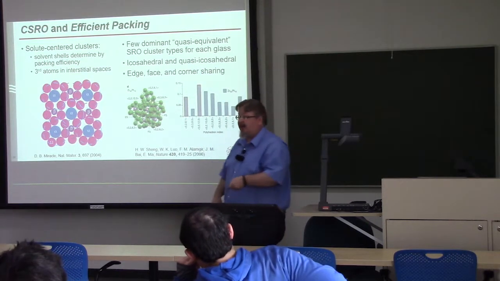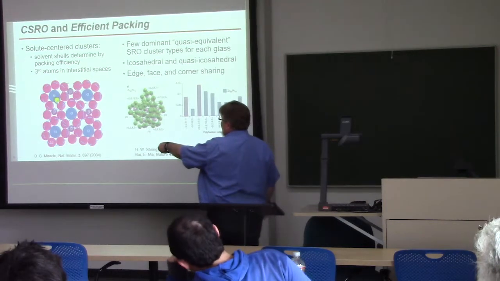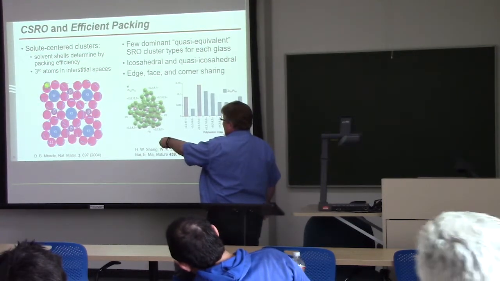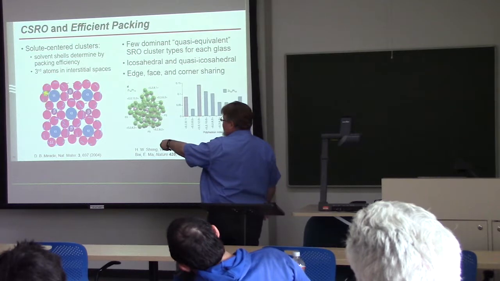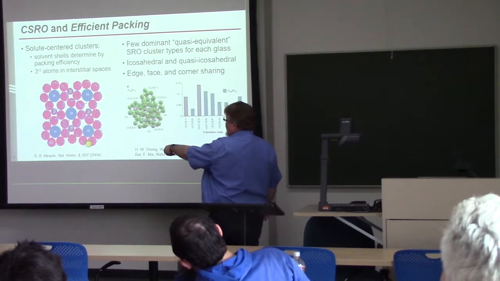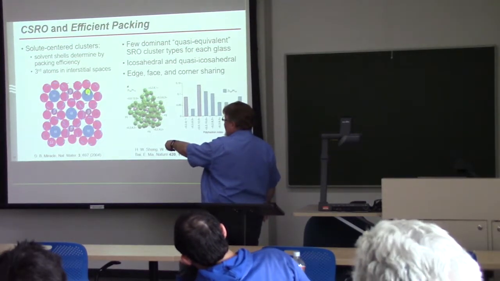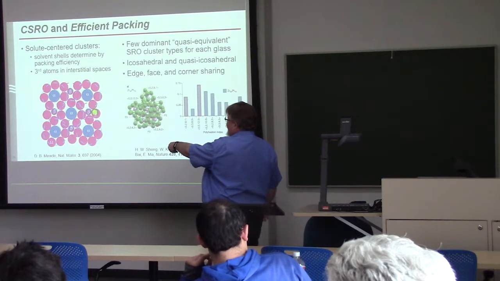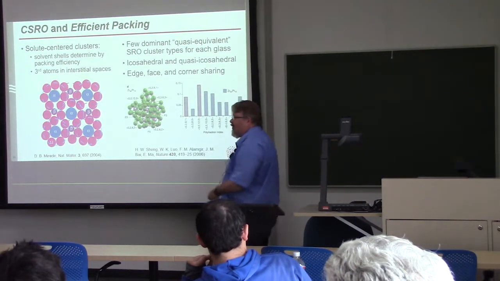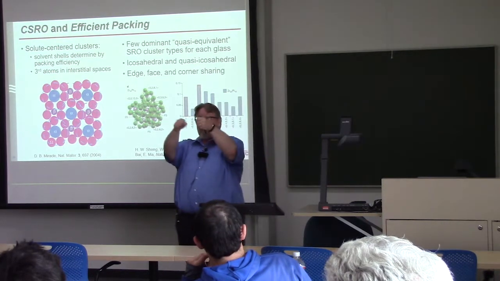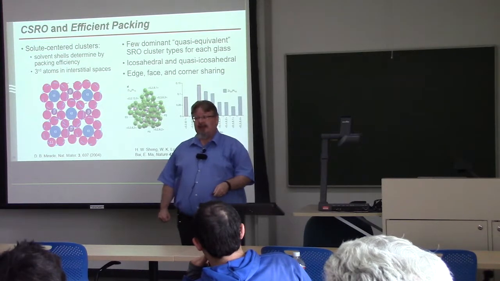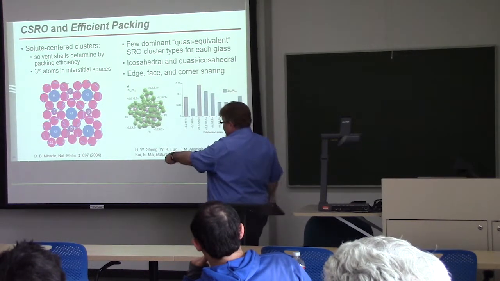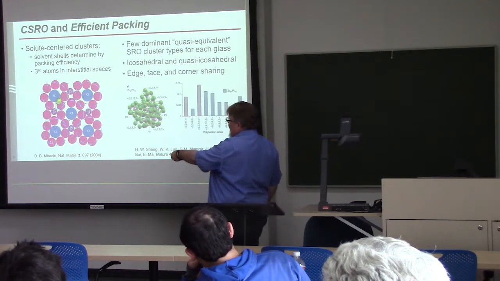So the insight here is that we'll have solute-centered clusters. These sort of act like big atoms. They then pack together at a next longer length scale, and the additional atoms fill in the spaces that are in between the packing of our larger clusters of atoms. In this paper, Miracle talks about FCC and BCC packing of these solute-centered clusters.